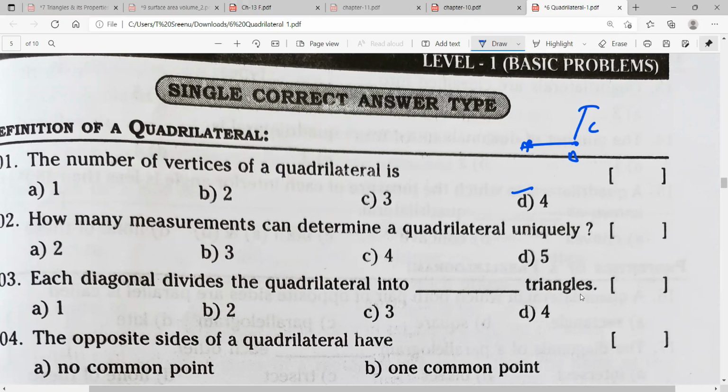No. Two sides, not enough. So you have to draw CD, right? And the base. Suppose it is a square, one side is enough, 4 centimeters. You can draw 90 degrees here, 90 degrees here, and 4 centimeters, 4 centimeters. It means maximum four measurements are required, and minimum 1 for a square. Okay.